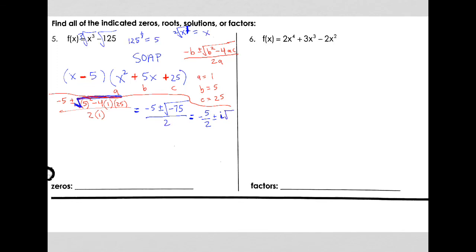So radical 75. Now using your TI-36X Pro, you're going to punch in radical 75, and that's going to give you a 5 radical 3. And so I'm going to undo that, and I'm going to just change that now. 5i, remember we brought the i out, radical 3 over 2.